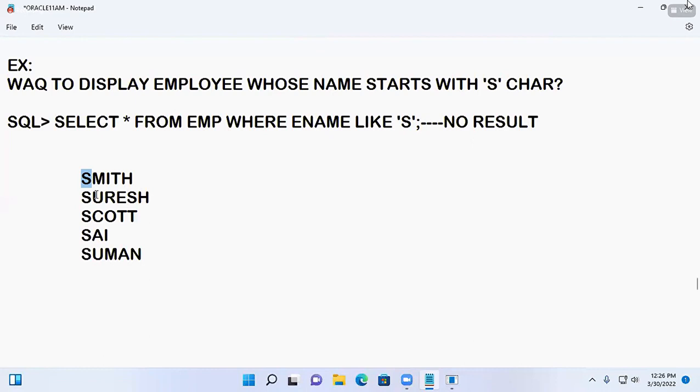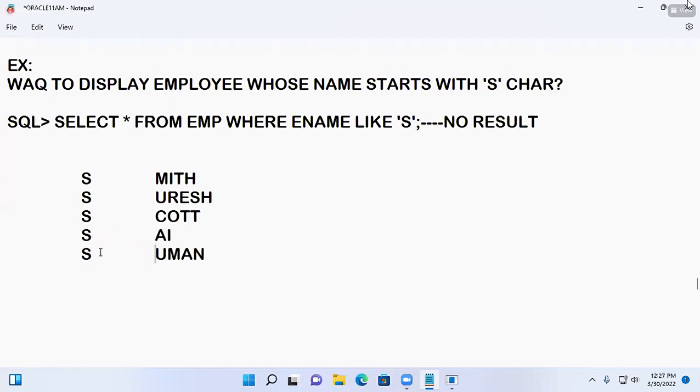No. For example, Smith: my starting character is S, but along with S we have some other characters also. What is that? MI. So in Smith, the other characters are MI. Suresh, URESH. Scott, COTT. Sai, AI. Suman, UMAN.